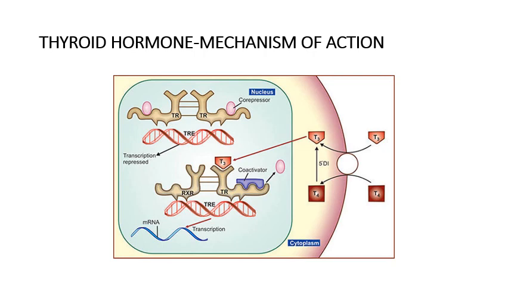T3 attaches to the thyroid receptor, and this combination, combined with the co-activator, forms a complex and activates the thyroid response elements, modifying the gene expression by increasing or decreasing the transcription process. So this is the cellular mechanism of thyroid hormone.